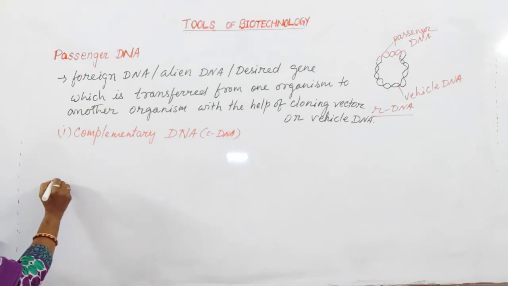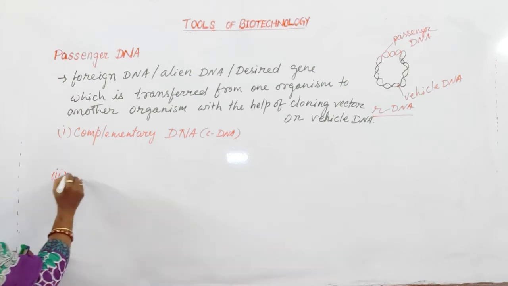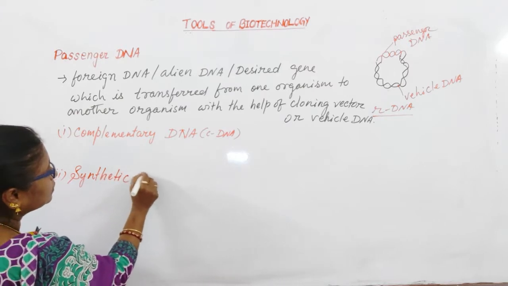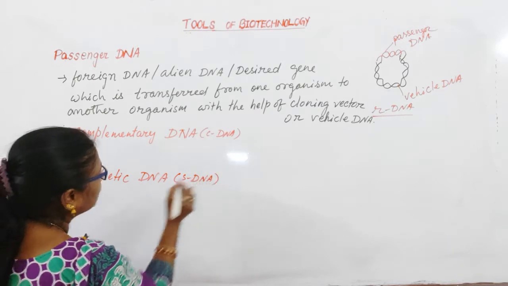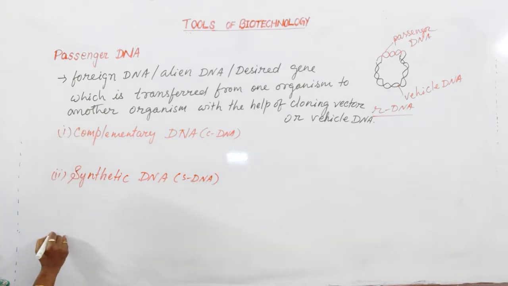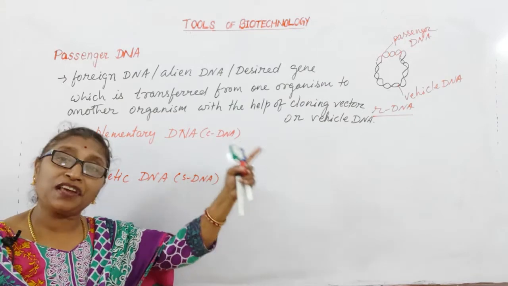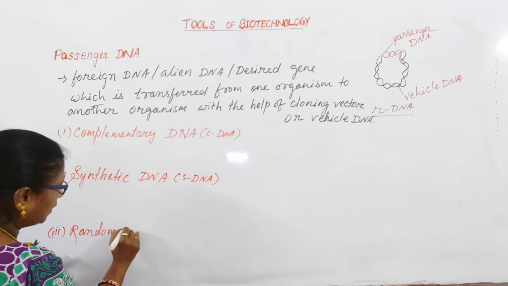Then the synthetic DNA or sDNA, and another type is random DNA. It is not written as rDNA because rDNA means recombinant DNA. Random DNA, randomly selected.